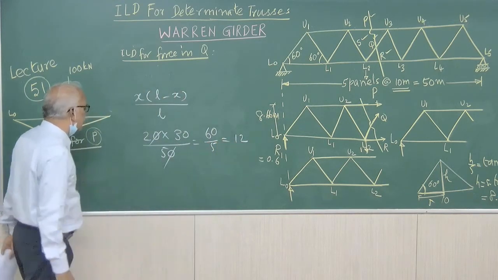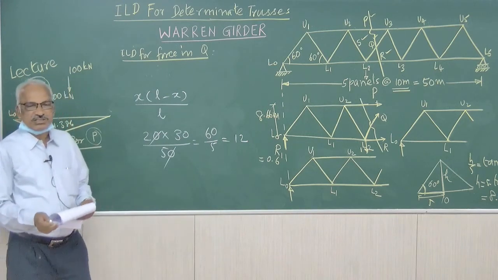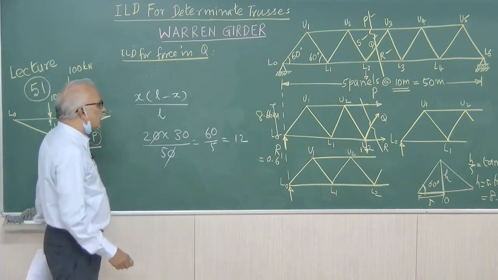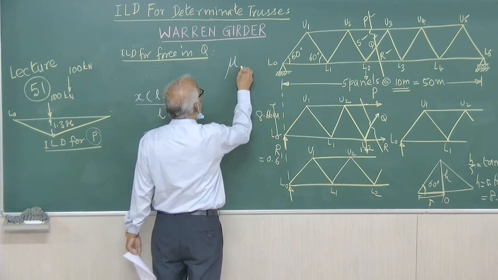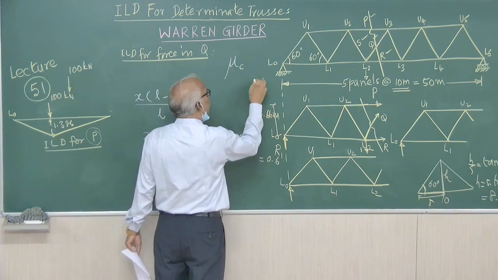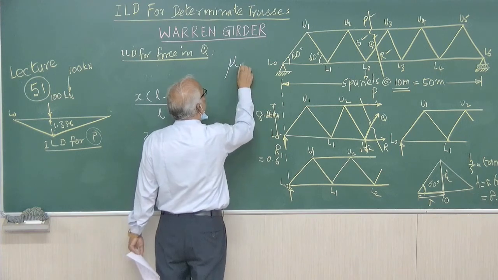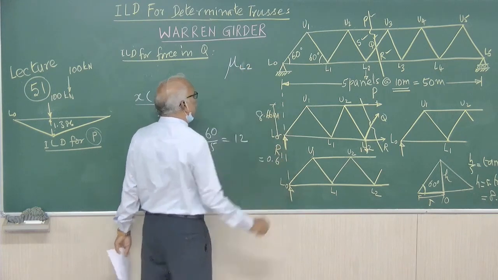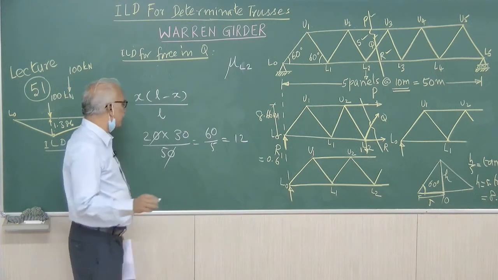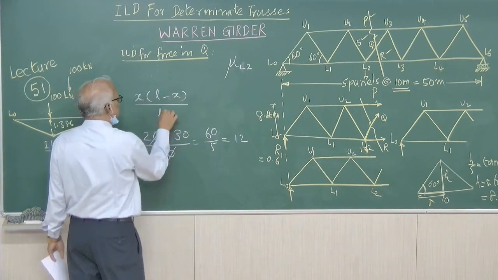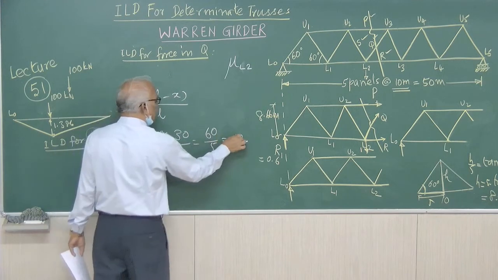This is the ordinate. In some books, you will find the bending moment at the point as a simply supported beam, mu C or mu L2, because we have applied the unit load at L2. Mu L2, bending moment as a simply supported beam, is x into L minus x by L, that is equal to 12.